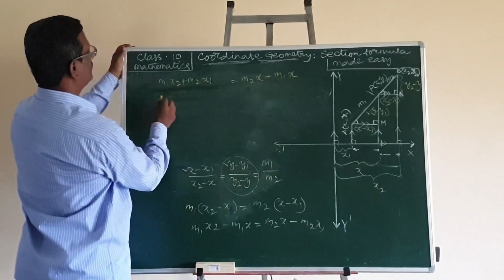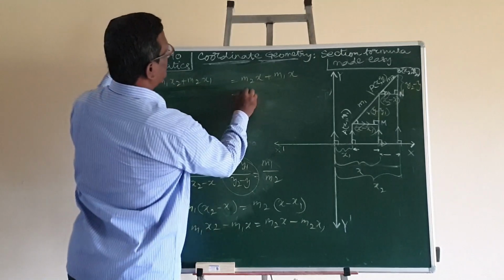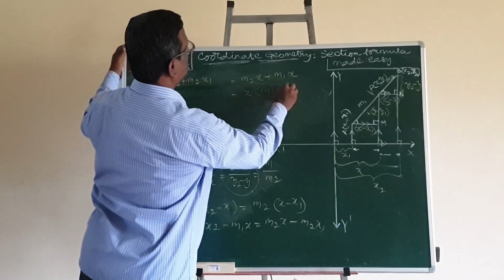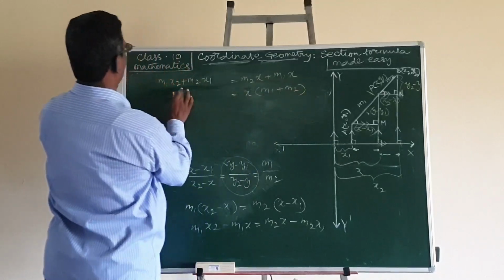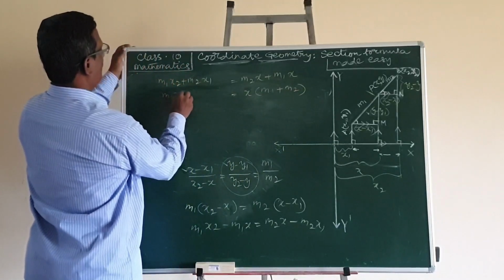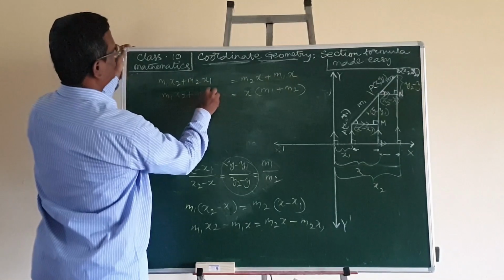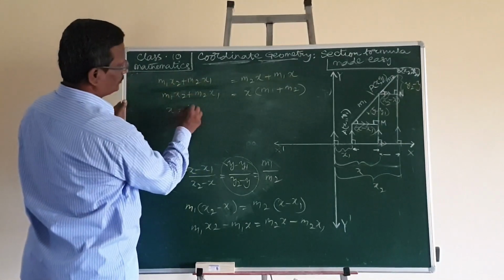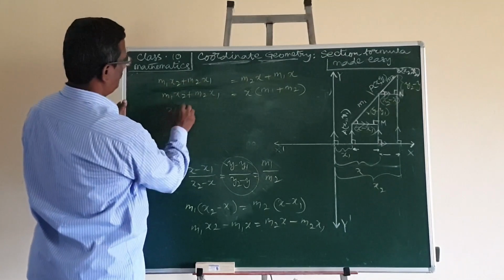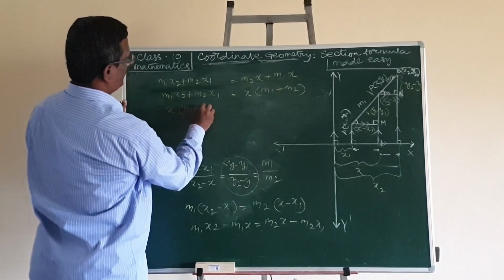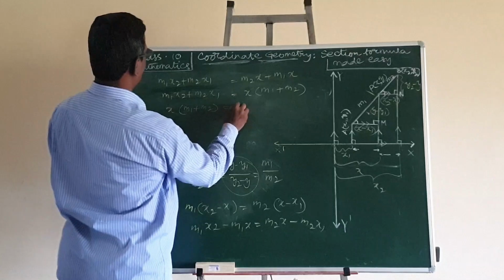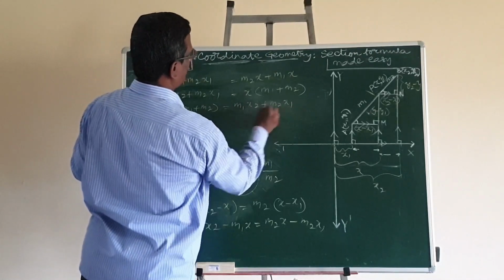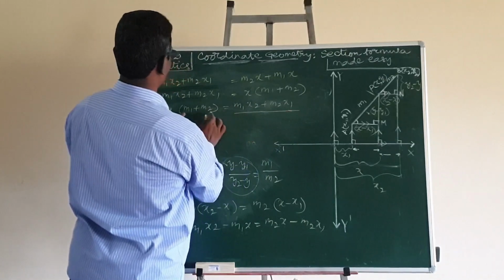Now, taking x as a common factor, m1 plus m2, or m2 plus m1, the same. This is m1x2 plus m2x1. Now, if I interchange, x into m1 plus m2 is equal to m1x2 plus m2x1.